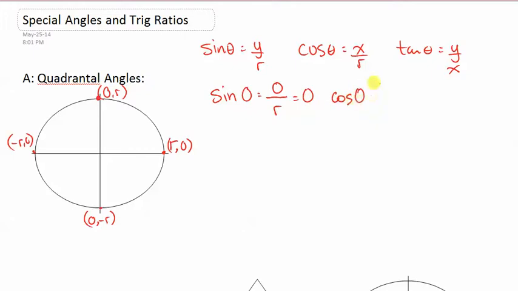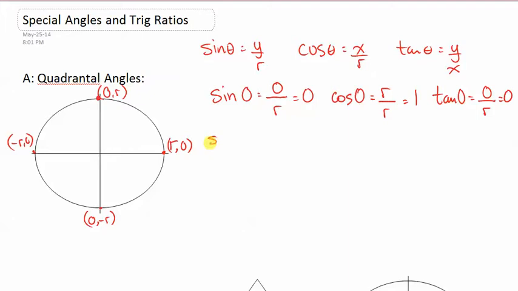The cos of 0 is going to be the x-coordinate over r. So whatever the r is, it's r divided by itself, or 1. I'll do tangent, sure. Tangent of 0. Well, the y-coordinate is 0, the x-coordinate is r, so the tangent is 0.